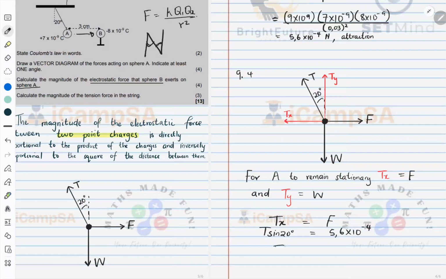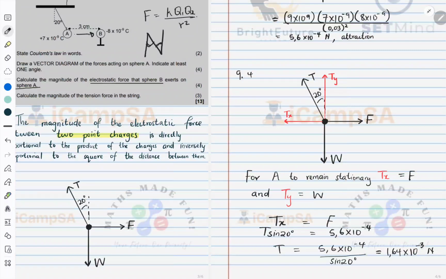Right? Therefore, T is 5.6 times 10 to the power minus 3 newton... So I get 1.64 times 10 to the power minus 3 newton.